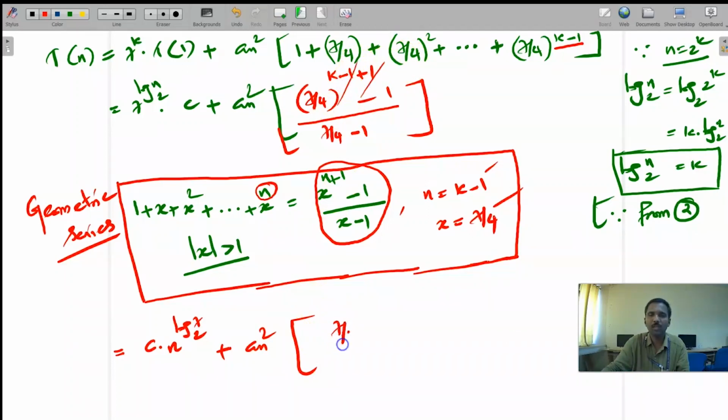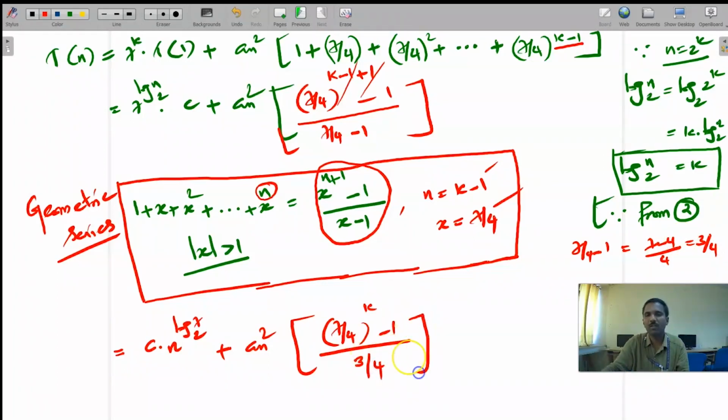We have the expression 7 by 4 whole power k minus 1 divided by 7 by 4 minus 1. 7 by 4 minus 1 is 7 minus 4 by 4, that is 3 by 4. So writing here the denominator as 3 by 4. Left hand side is T of n. Let's write the simplification in the next page.